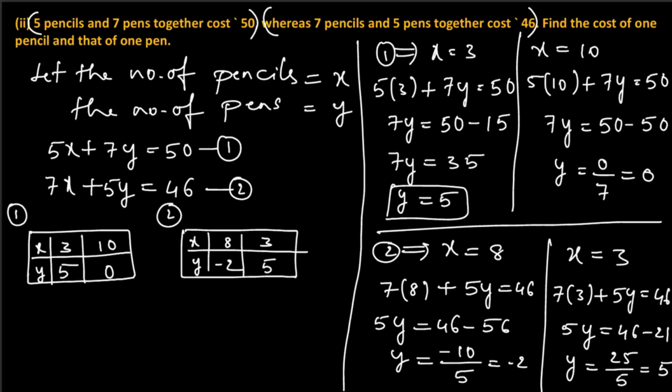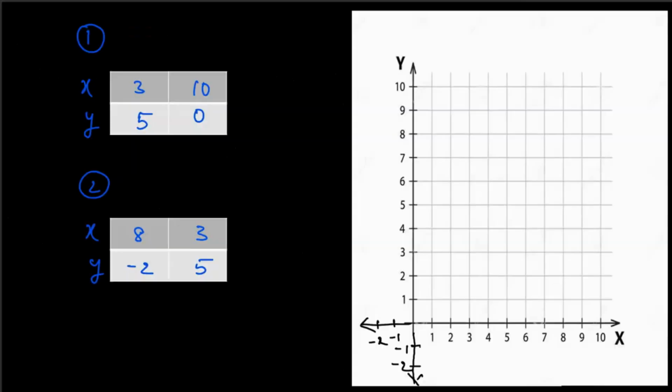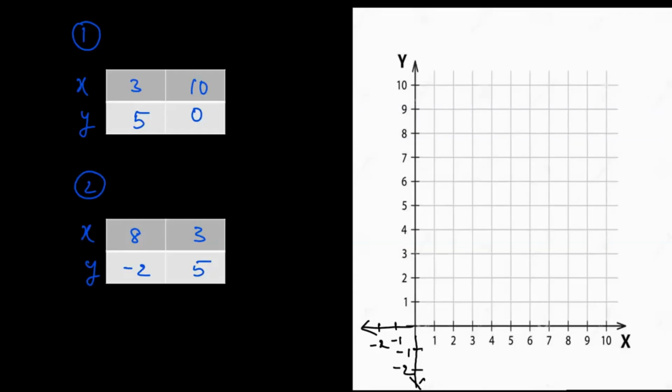Let us draw the graph. Just mark the xy values on the graph. 3, 5. When x is equal to 3, y will be 5. So here it would be 3 comma 5 and 10 comma 0. X is 10 and y value is 0. Here it will be. Next.